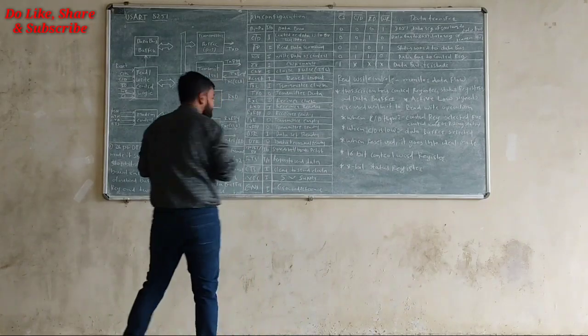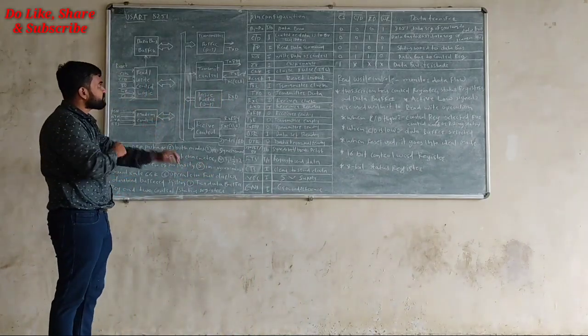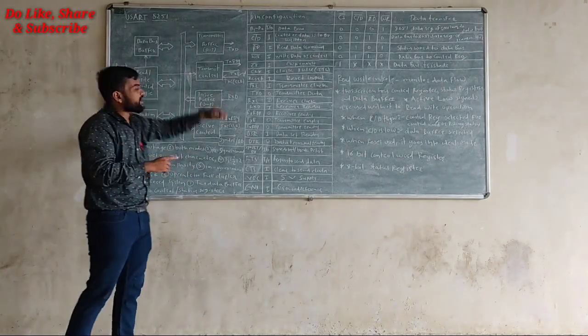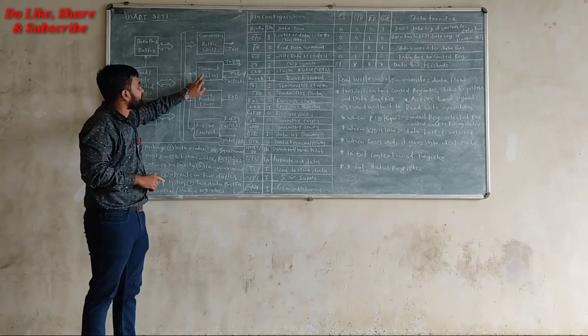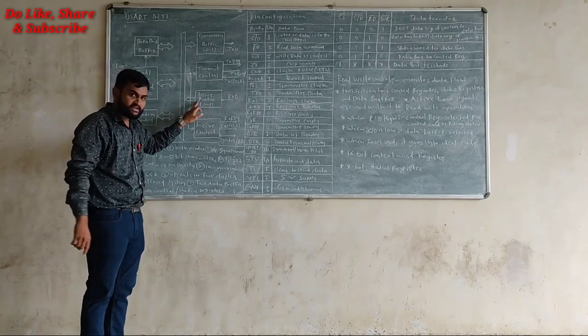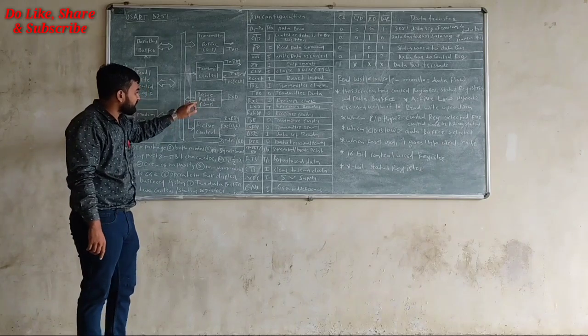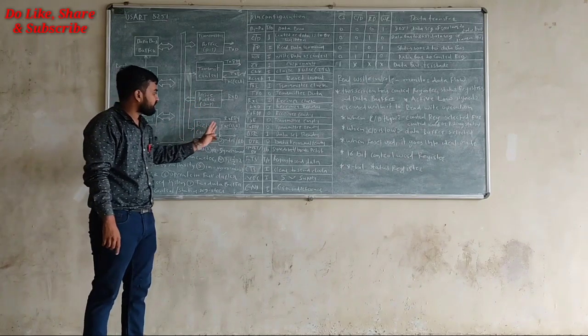USART 8251 consists of multiple blocks, shown in this block diagram. On the output side we have a transmitter buffer connected with the transmitter control. Then we have a receive buffer, connected with the receive control. Receive control has three different pins.